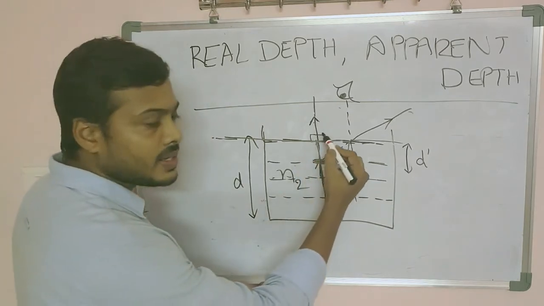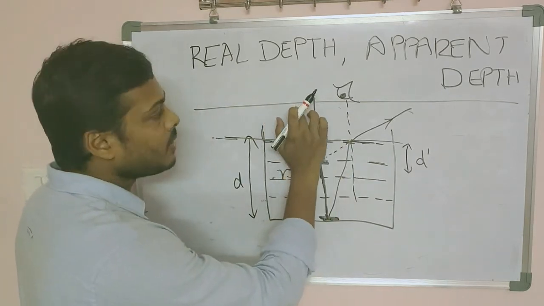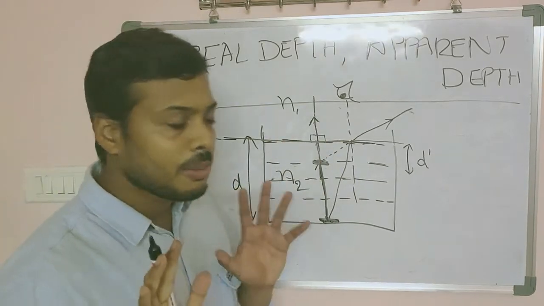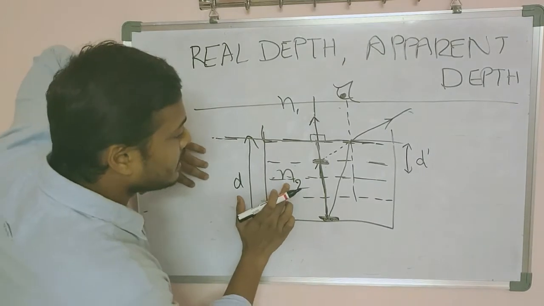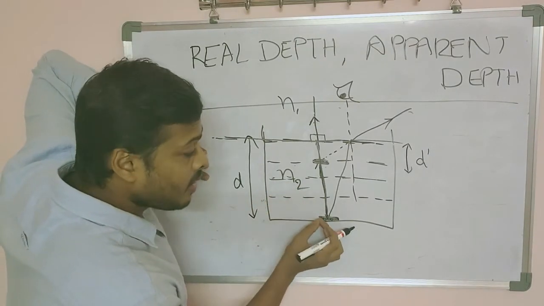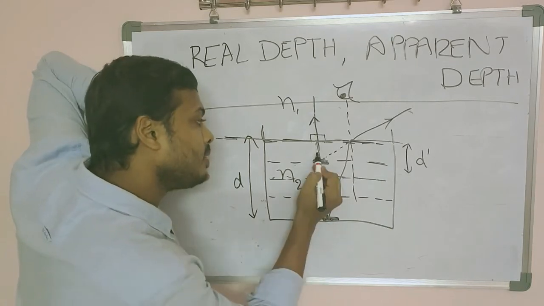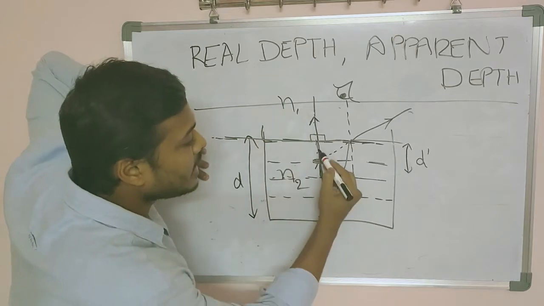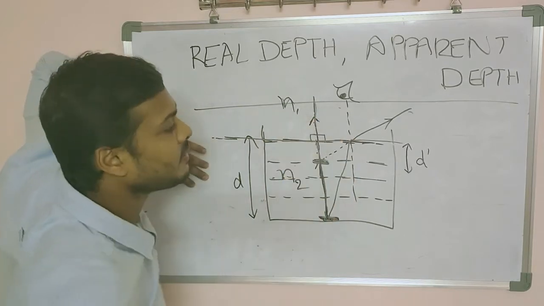And if the light ray is going to this medium, let it be N1. Remember, the medium from where the light ray is coming, we will take it as N2, and the medium where the light ray is going, we will take it as N1.